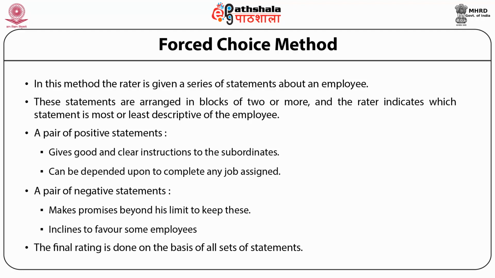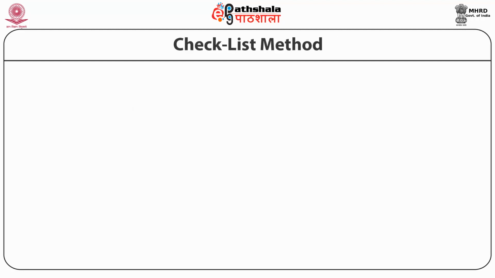In this method, the rater is forced to select statements which are ready-made. So we can see in this method that, as the name indicates, there is a choice that is forced. That is, the rater is forced to select statements which are prepared beforehand. And so one can say that this is a very big disadvantage of this method.